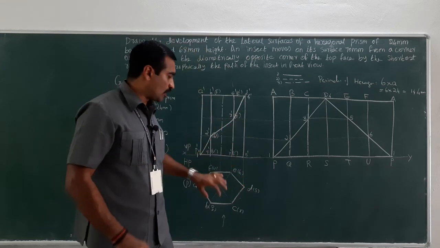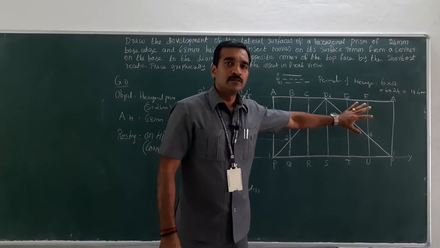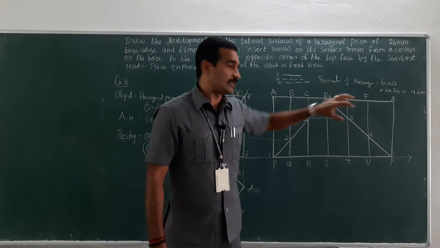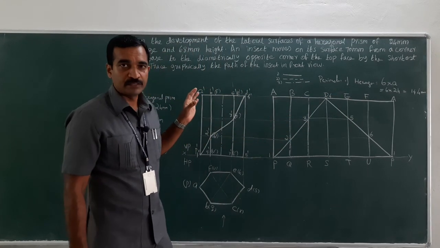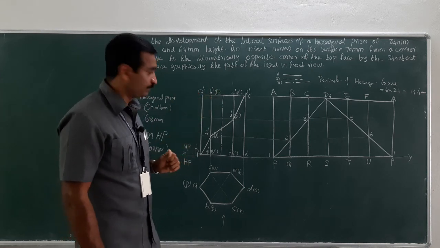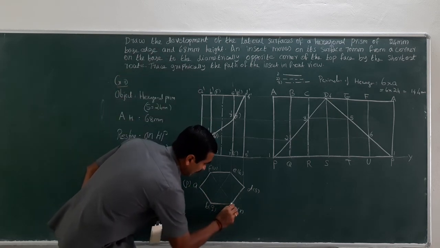Now, for string problems, remember this. First, you have to draw the top view and front view. Then the development of lateral surfaces. From the lateral surfaces, the points need to be transferred to the front view. Is it clear? Right. So now I need to mention the dimensioning. The side is 24 mm.